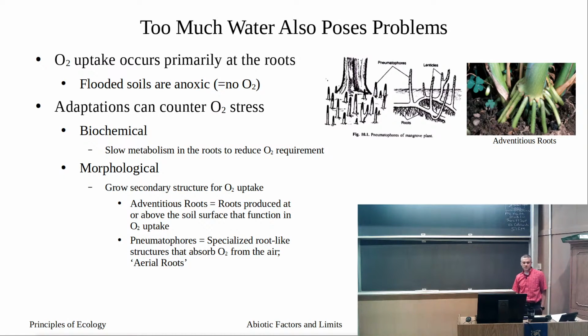Adventitious roots are produced at or above the soil surface, and then they extend down into the soil, and these roots will absorb oxygen from the air. This is a picture of these adventitious roots. Corn plants have them. Go out into a field, and you can see them.